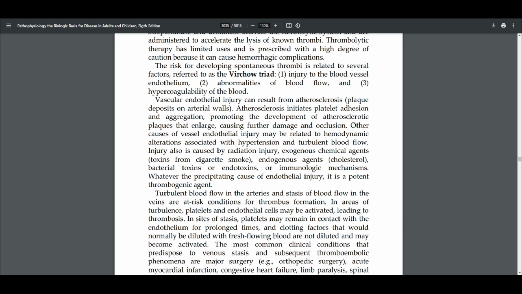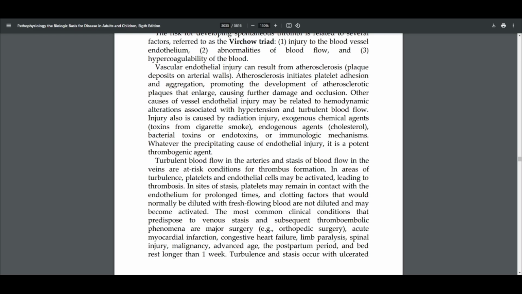The risk for developing spontaneous thrombi is related to several factors. Refer to the Virchow triad: injury to the blood vessel endothelium, abnormality of blood flow, and hypercoagulability of the blood. Vascular endothelial injury can result from atherosclerosis. Atherosclerosis initiates platelet adhesion and aggregation, promoting the development of atherosclerotic plaque that enlarges, causing further damage and occlusion.